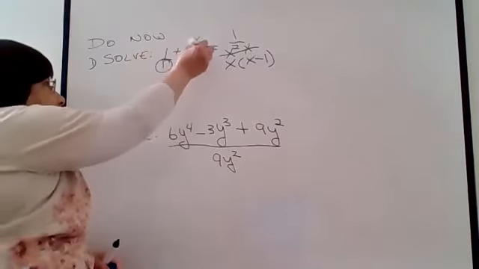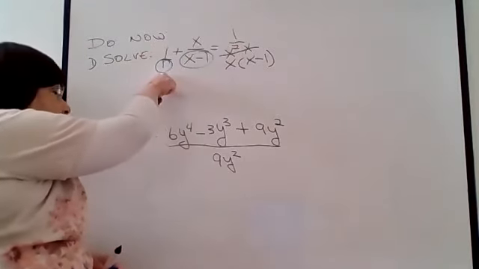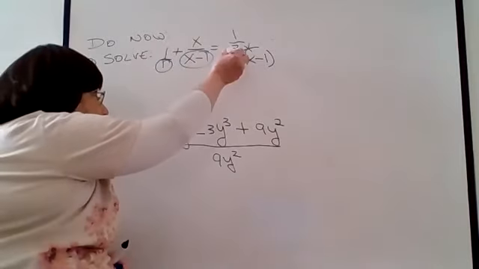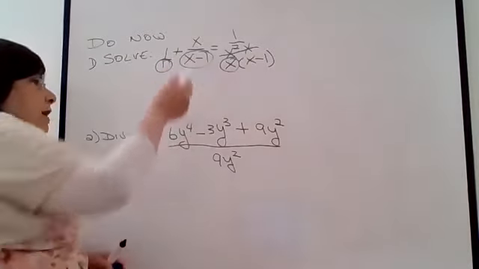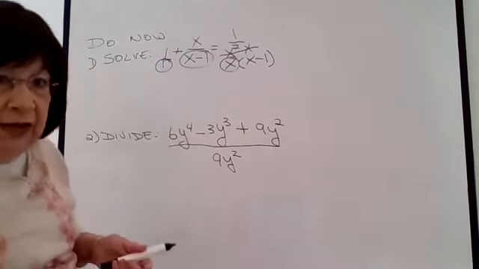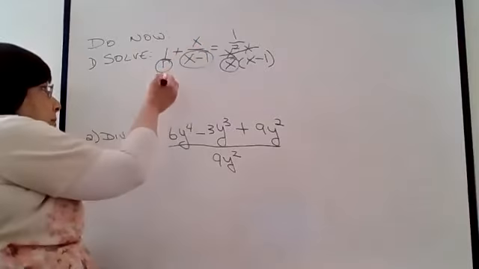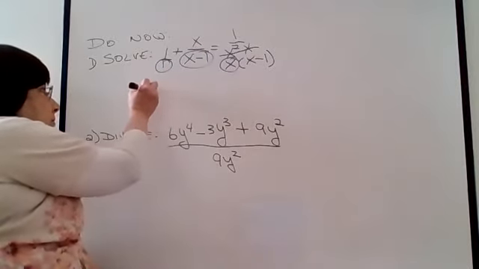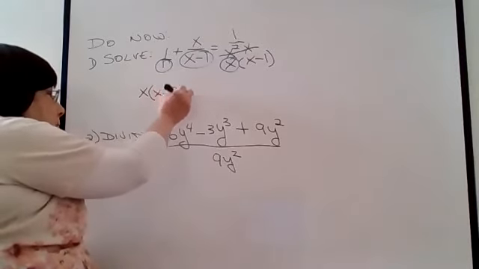All the different denominators that I see: a 1, an x minus 1, an x. All these are different, and then I see an x minus 1, which I already have circled. So my common denominator comes out to be x and x minus 1.